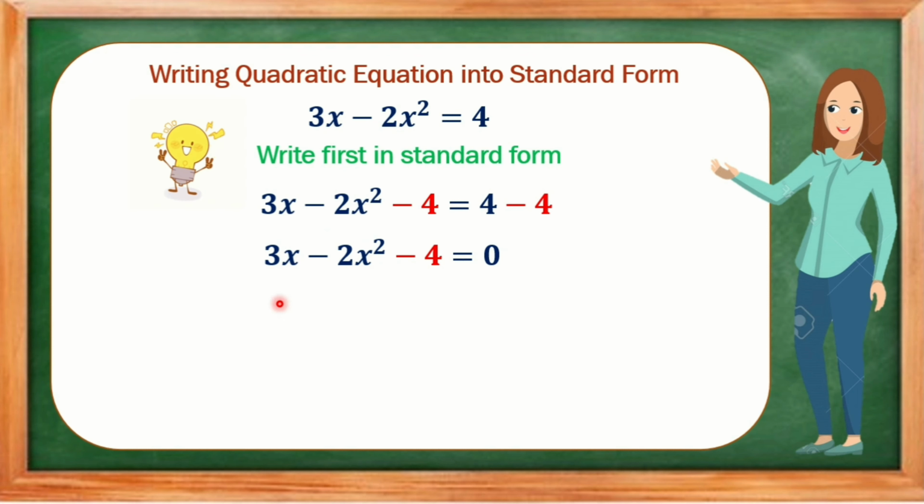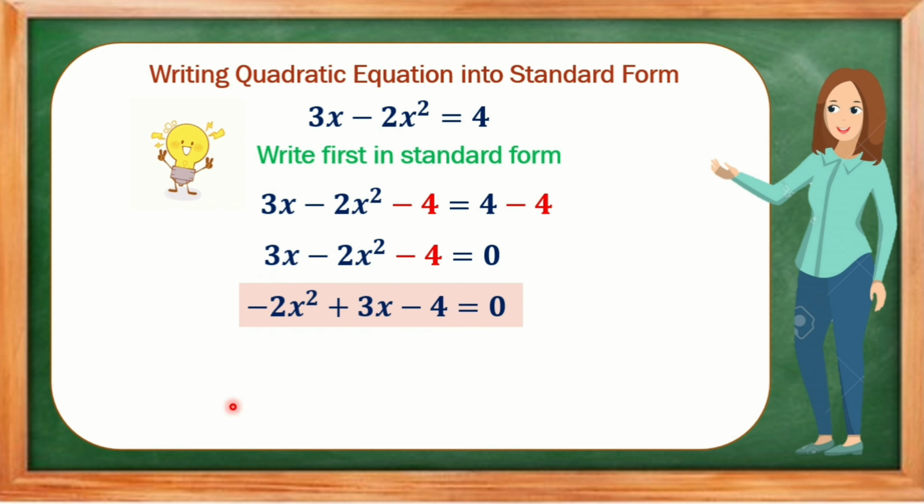So, unahin natin isulat yung quadratic term, which is yung term na merong exponent na 2. So, ito yon. Okay, so we have negative 2x squared followed ng linear term, which is yung positive 3x. And then, bring down yung negative 4 is equals to 0. Okay, so we have negative 2x squared plus 3x minus 4 is equals to 0.